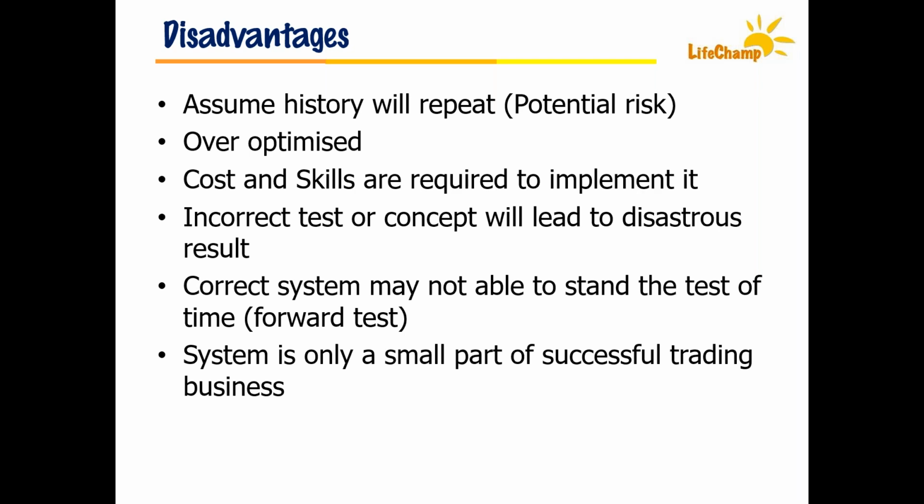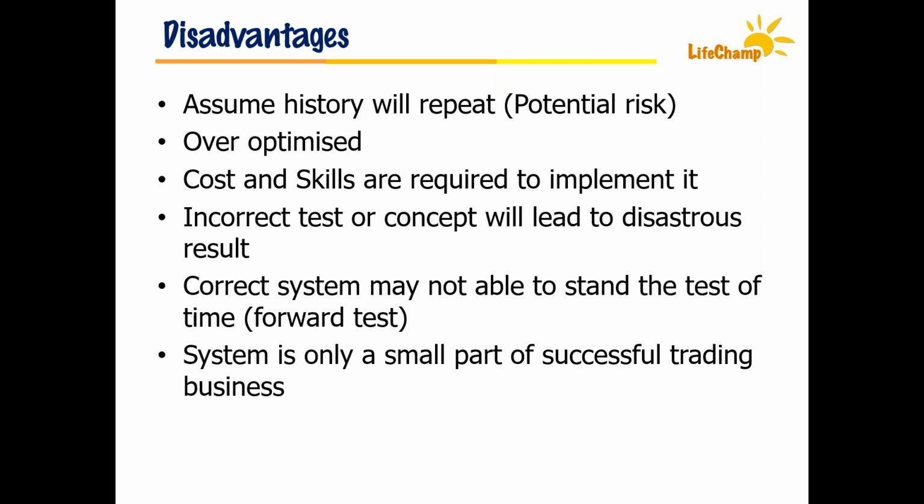Number 4 is that an incorrect test or concept will lead to disastrous results. Sometimes you think it actually works, but it may not be the case. So you need to have this experience. And the next is that a correct system may not be able to stand the test of time, because sometimes you get a very good system, but once you start plugging in and doing live trading with it, it may not work at all.